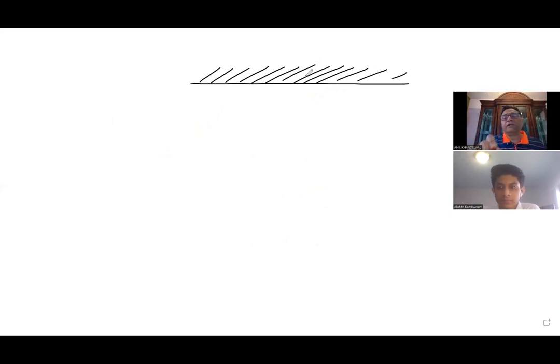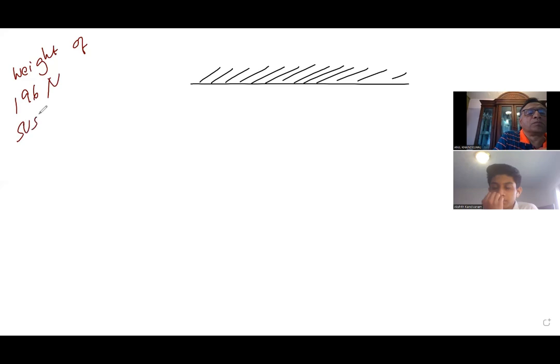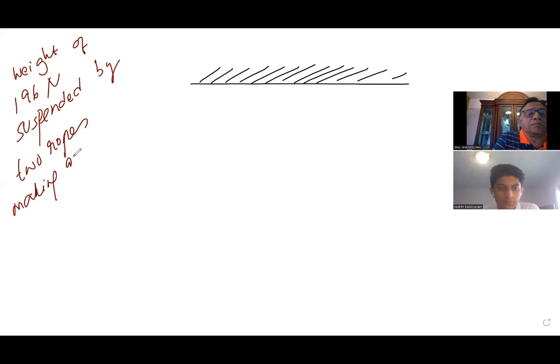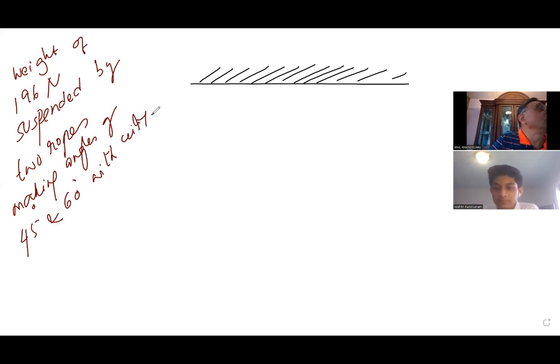So we have a weight of 196 newtons suspended by two ropes, which make an angle of 45 degrees and 60 degrees with the ceiling. Determine the tension in the shorter string.